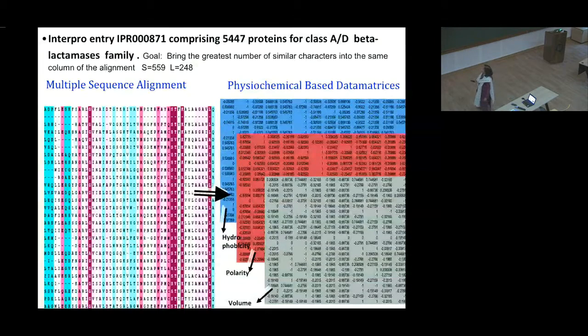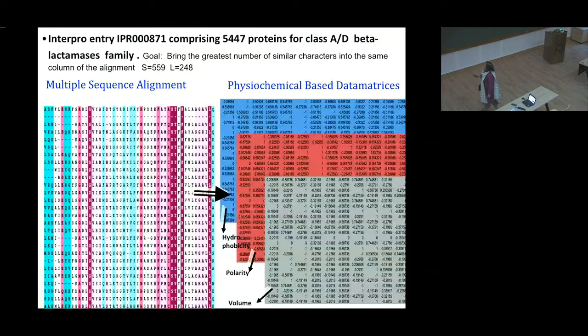So we put it in a multiple sequence alignment, which means that the greatest number of similar characters fall into a column. So we align it. Then various people in the literature have put frequencies at each point. That means the frequency of this amino acid A, how many times it appears in each column, and have replaced this multiple sequence alignment with the frequencies.